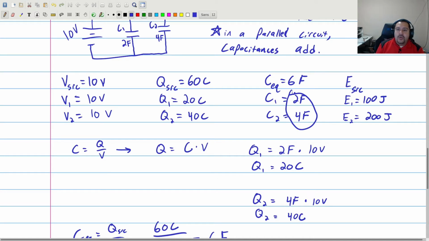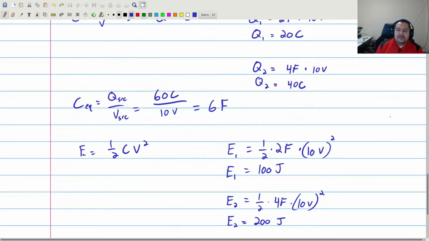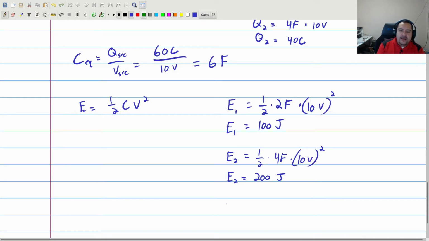Okay, well, what is the equivalent energy that the source provided? Well, that's going to be given by E of the source is equal to 1/2 C equivalent V of the source squared.